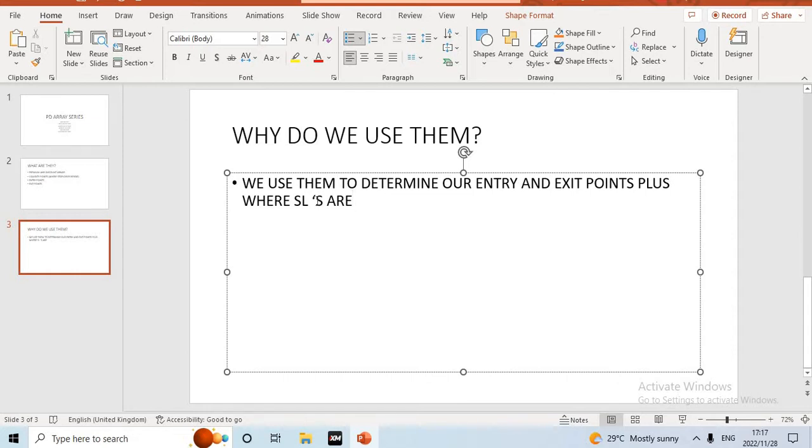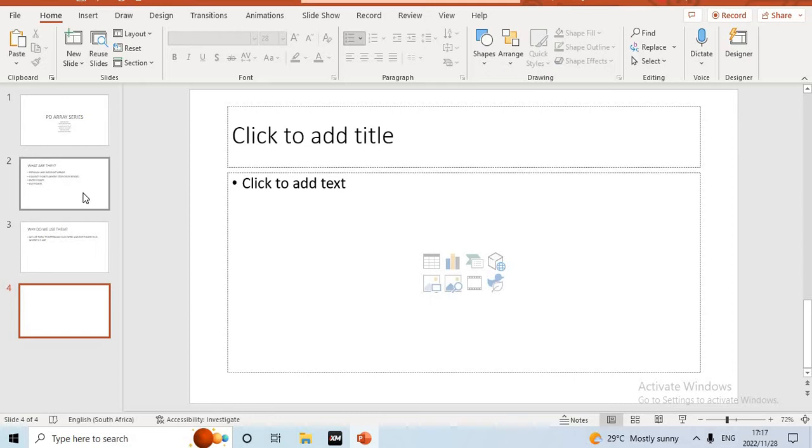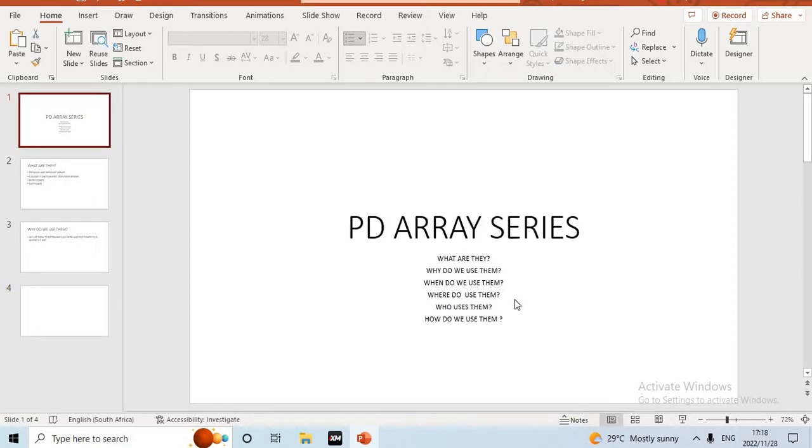So your why is a strong influence or confluence to what are they. That's the first obvious answer: we use them to determine our entry and exit points, plus what SLs or stop losses are. This is why I use them. I don't know why anyone else would use them, but this is why I use them. Anyway, we'll get to the how.